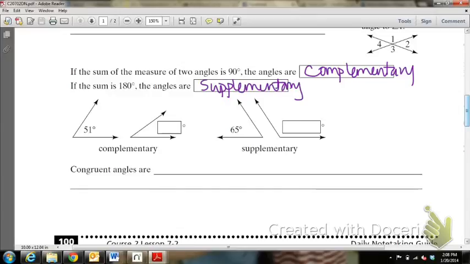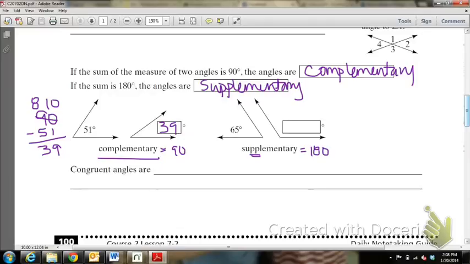Okay, so if they tell me right here that these two angles are complementary, remember that means 90. So if one of the angles is 51, what do I have to add to 51 to get 90? So you can just subtract what they gave you from 90. I have to borrow. That becomes 39. So this guy must be 39 degrees. And if I see supplementary, well, 2 P's means 180.